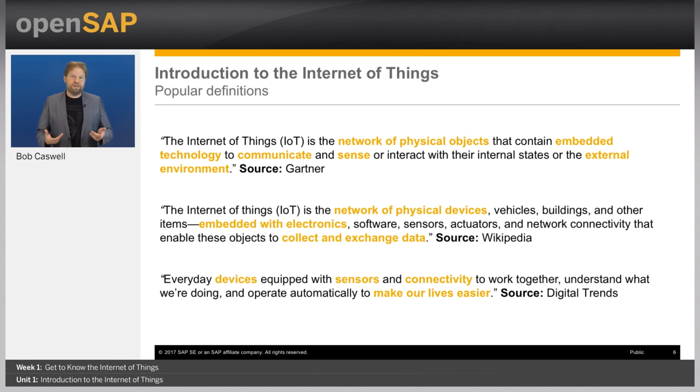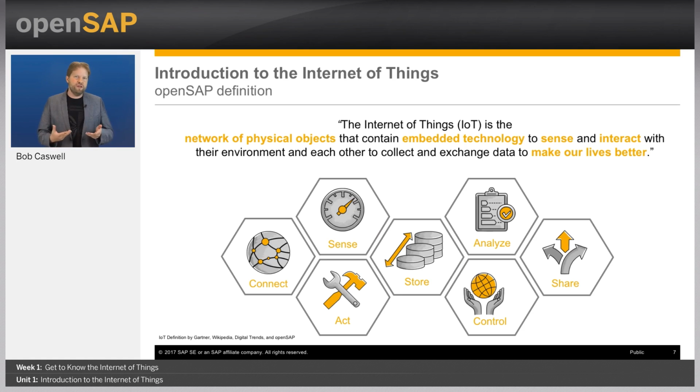So we really like this idea of creating your own IoT definition and thought we'd give it a try as well. Well, not really. The truth is all those previous definitions are correct and they each complement each other nicely. So if you combine them together, what you'll understand is that the Internet of Things is the network of physical objects that contain embedded technology to sense and interact with their environment and each other to collect and exchange data to make our lives better.